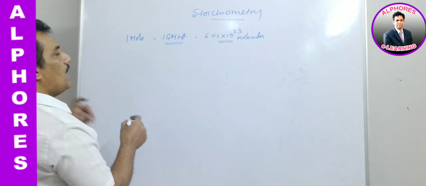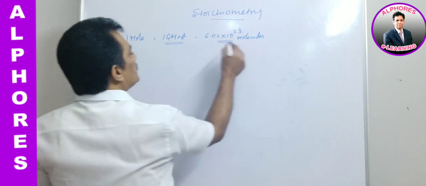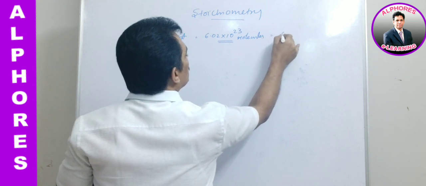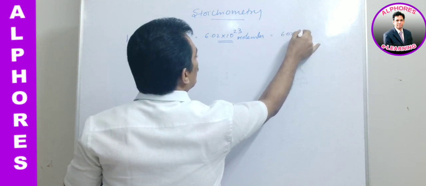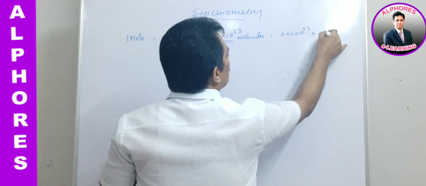In case they are asking for the number of atoms, then it is 6.02 × 10^23 into atomicity.